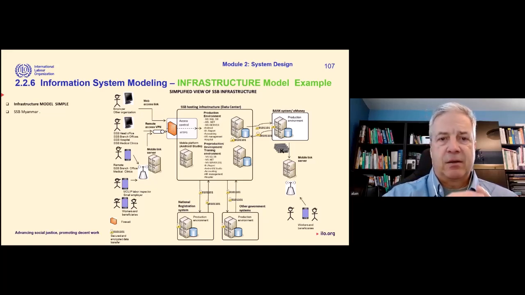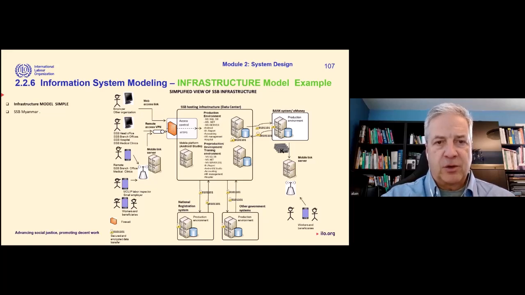Here the central box represents the data center infrastructure. So there are a lot of servers, etc. We see a red brick wall that represents the firewall, but also the whole security environment.